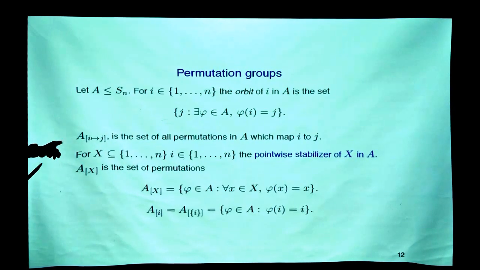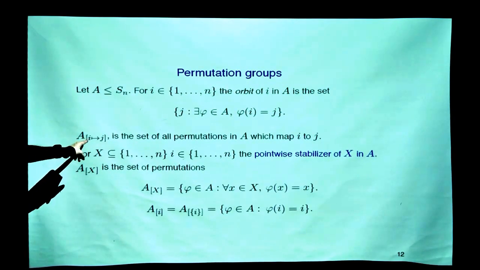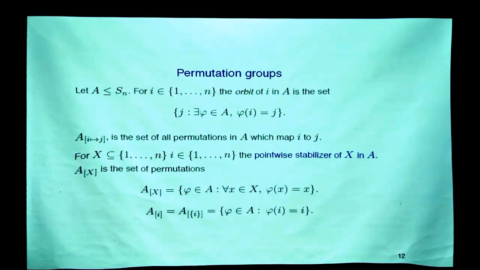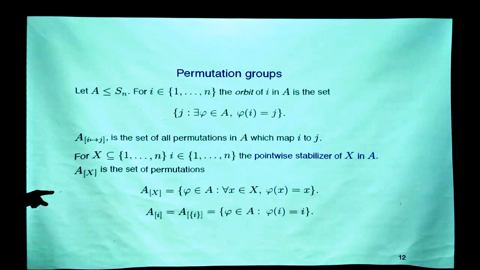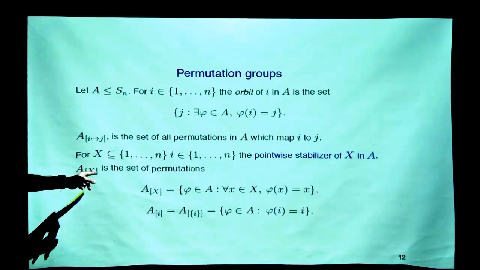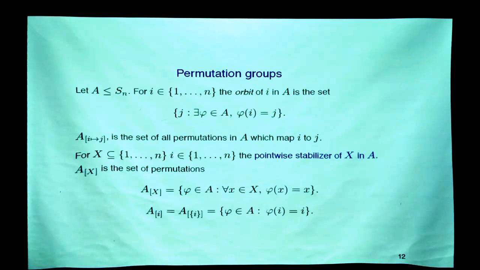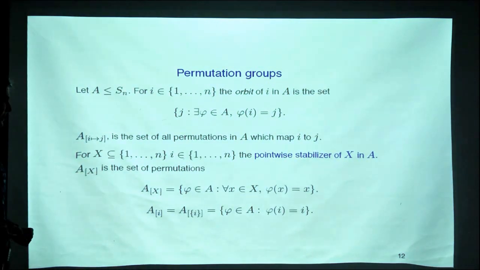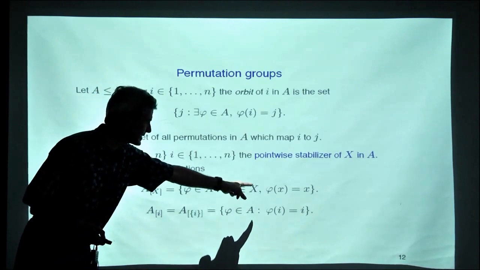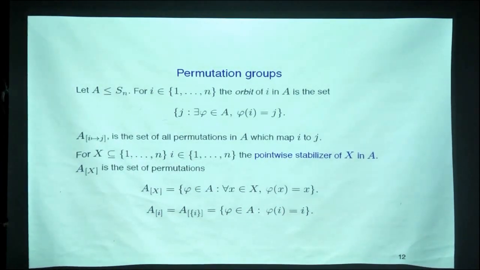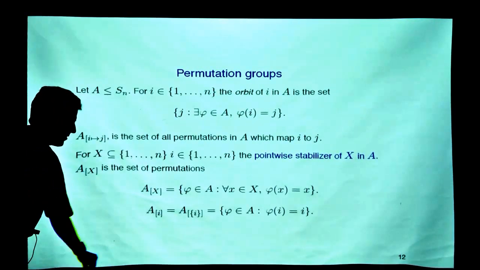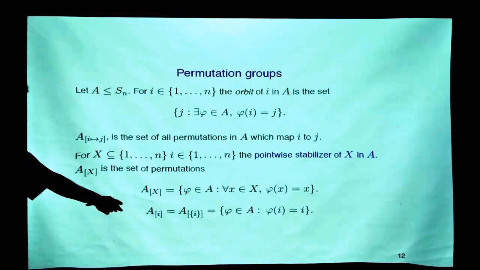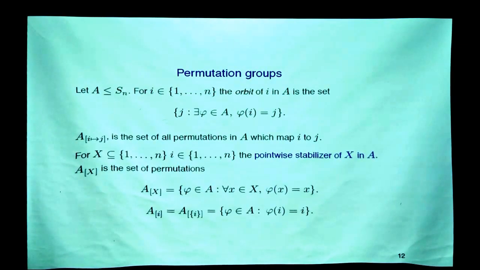And this notation means it's the set of permutations mapping I to J. And the pointwise stabilizer, so if we have a subset X of 1 to n, by this notation, is the set of permutations that fix every point in big X. So for every element in big X, phi of X is itself. And when we have just one element, I simplify the notation a little bit. The stabilizer of a singleton is the set of permutations mapping I to itself.